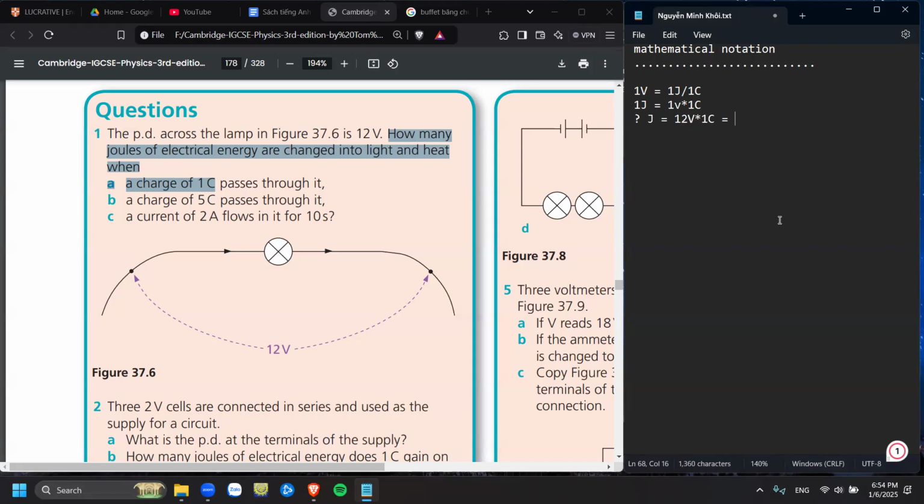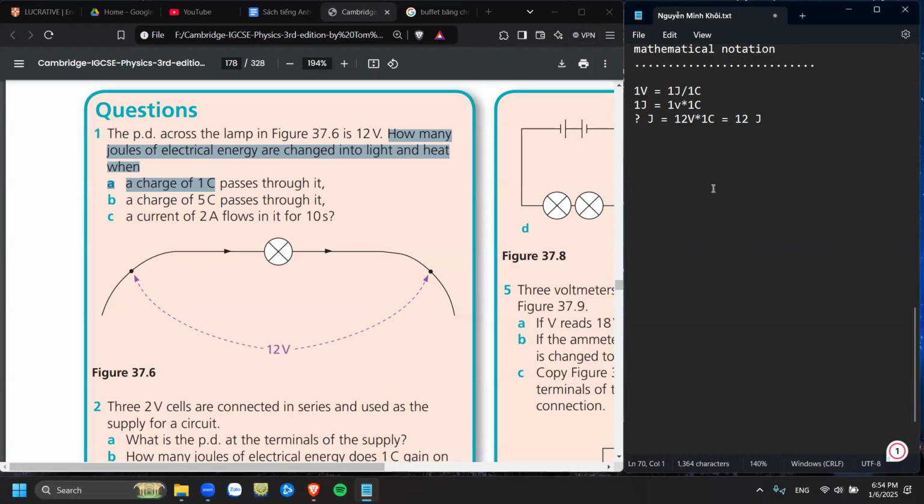Is it one? No, it's actually 12 joules, because you start with 12 volts, right? And you have one coulomb, so 12 times 1, you're going to have 12 joules, isn't it?